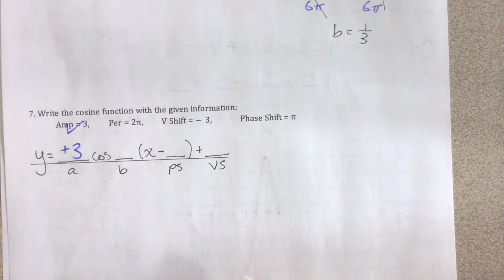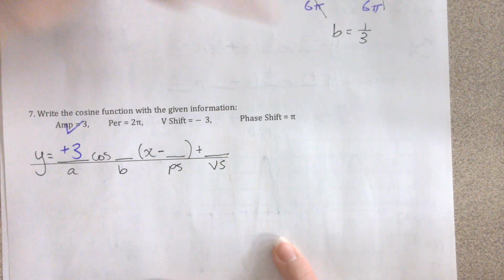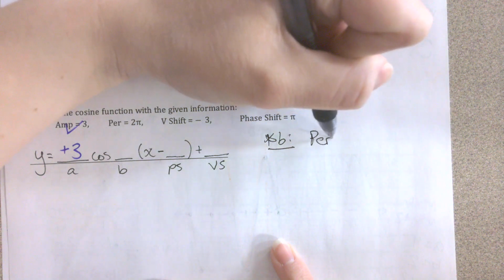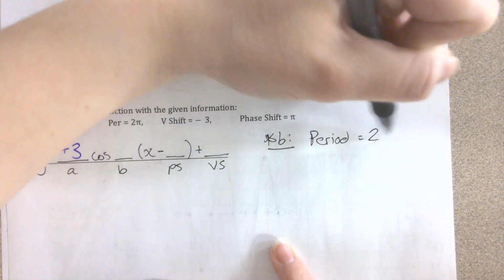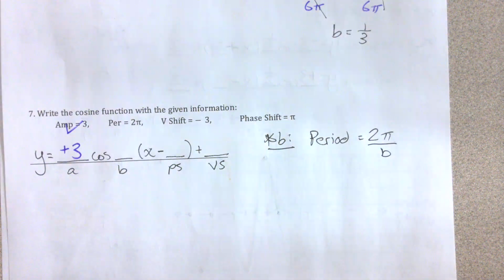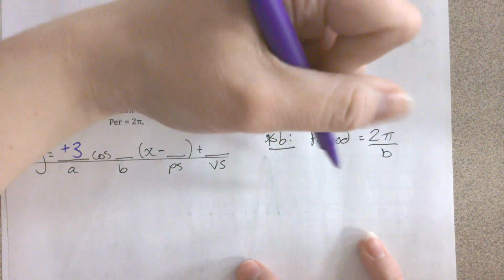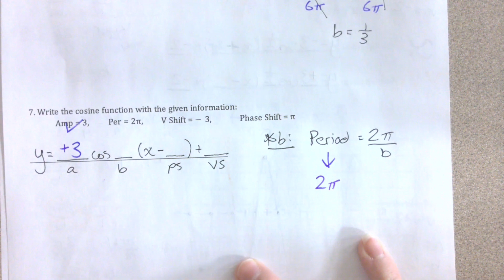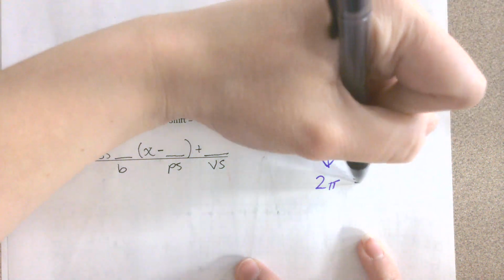Period is 2 pi. Again, we're told that so we can find B. Period equals 2 pi over B. We know that the period is 2 pi. So 2 pi equals 2 pi over B.